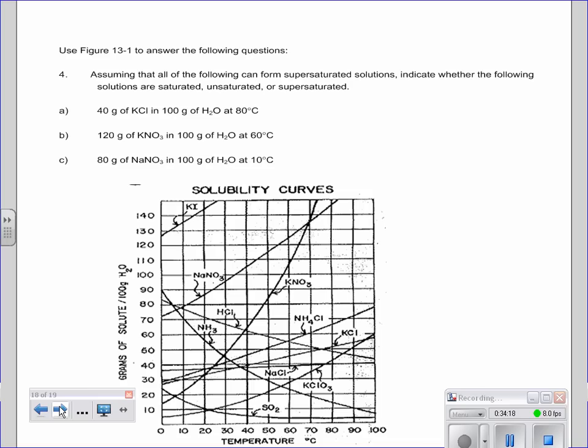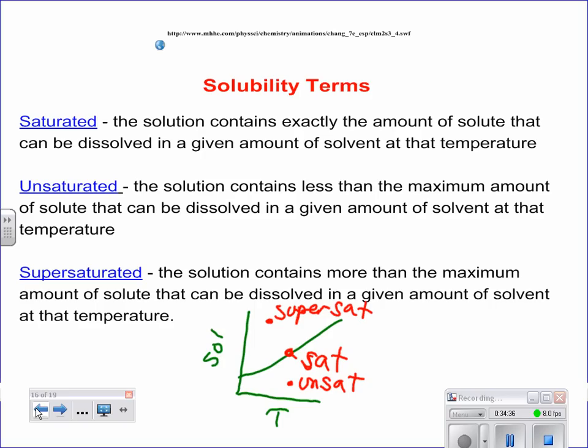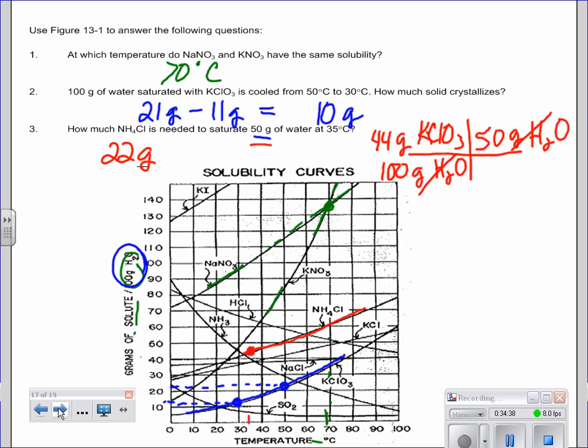Okay, we're still trying to read this curve. And here it says, assume that all of the following can form saturated or unsaturated or supersaturated solutions. And we just want to be able to read these curves. So I'll do this first one, and we'll just remember that you understand this concept right here. So that's all you're doing with these.